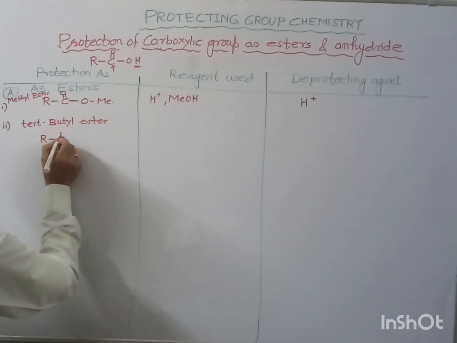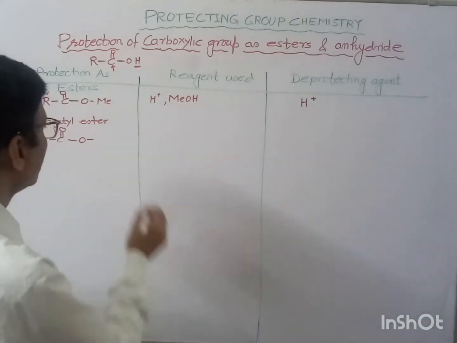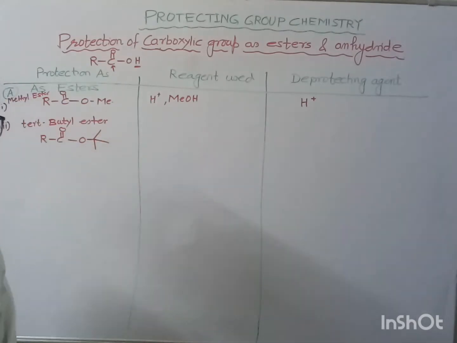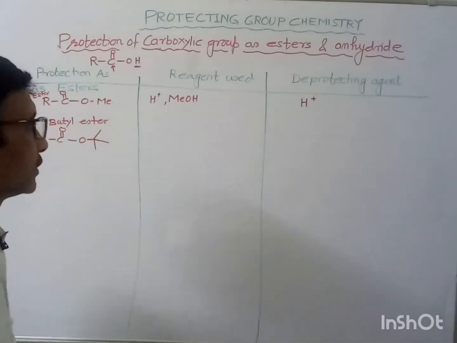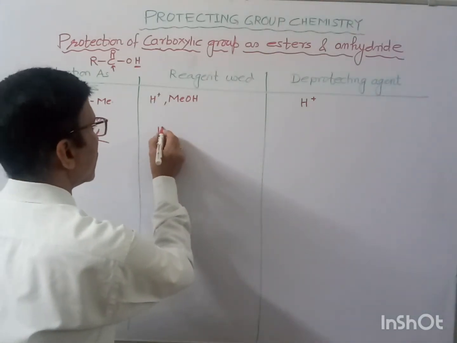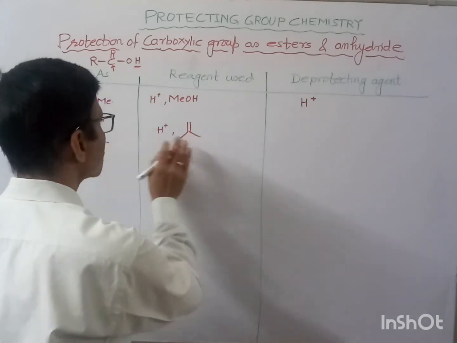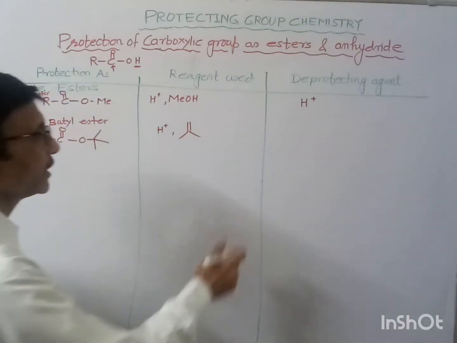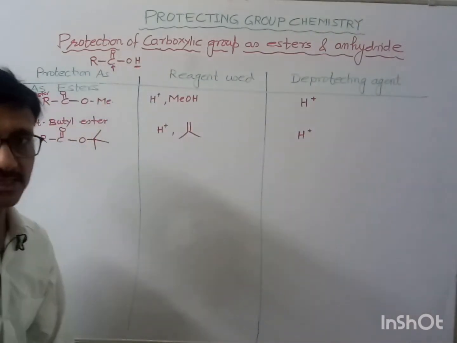So in place of the methyl group, you may write the tertiary butyl group. So this is tertiary butyl ester. How can we get this tertiary butyl group over here? In presence of isobutylene we can get the tertiary butyl group. That can also be deprotected using some mild acid.